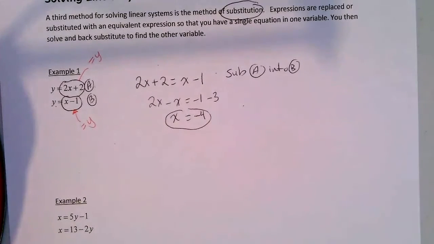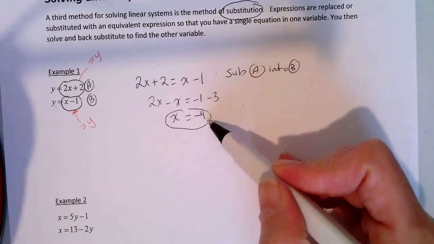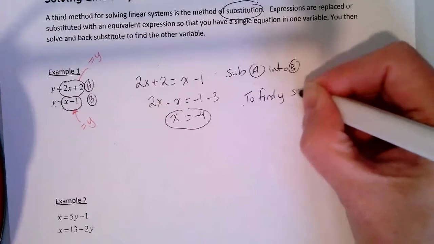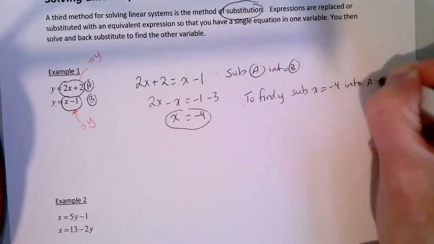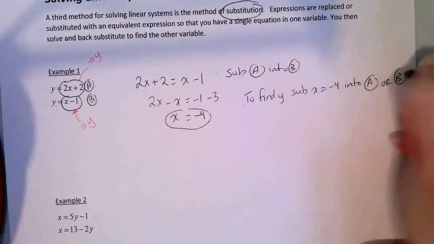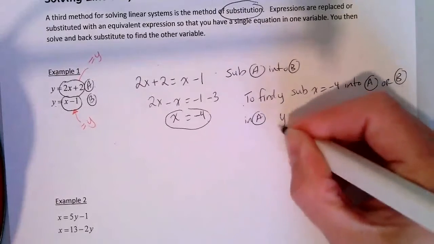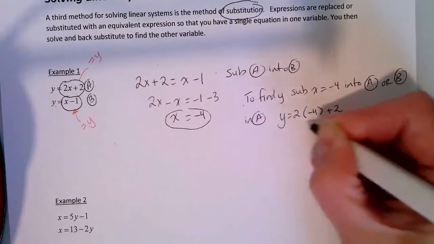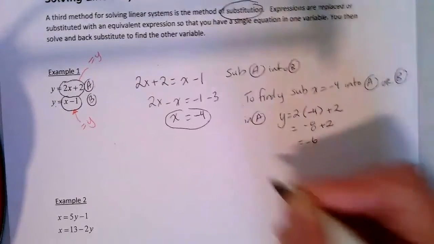So now I need to find its counterpart y. And as always, x equals -4 has to work in both equation A or B. So to find y, you're going to substitute x equals -4 into either A or equation B. So I'm going to put it in A. We will get y equals 2, replace the x with a -4, clean this up to get -8 plus 2 equals -6.